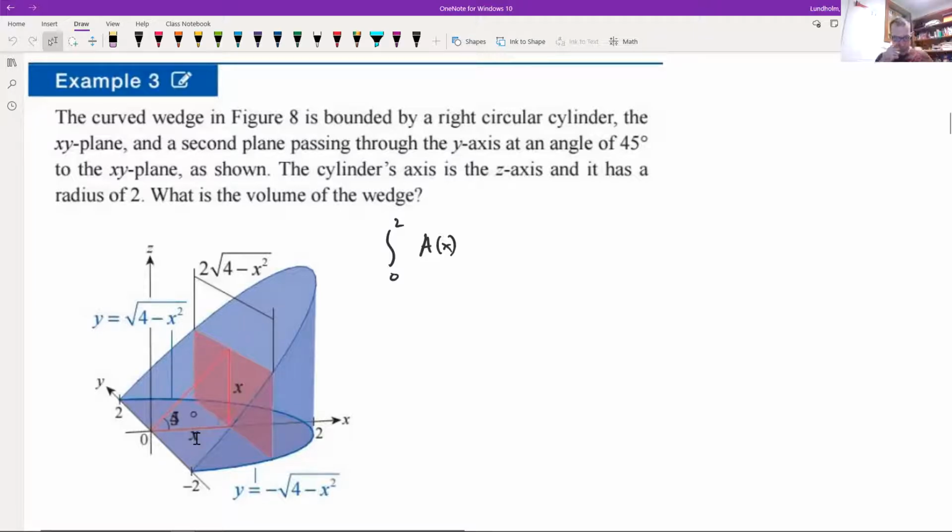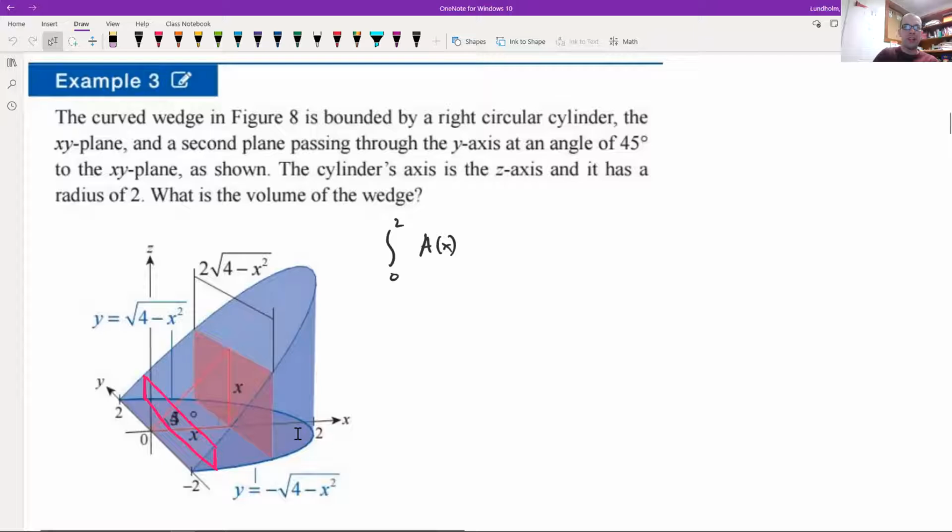Let's see if I can do horrible drawings real quick. We've got to imagine this rectangle changing as we go along. If we were to make a rectangle close to x equals 0, that rectangle would be relatively wide, but also short.